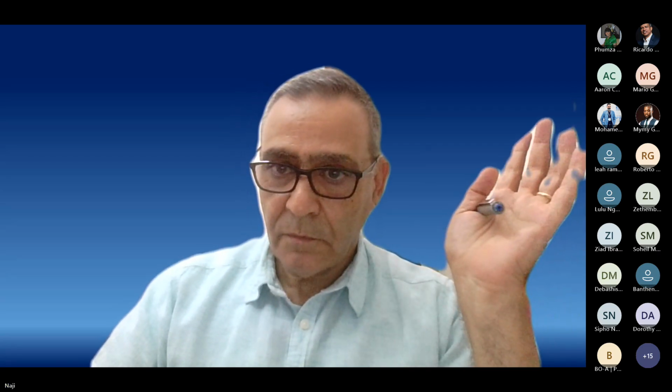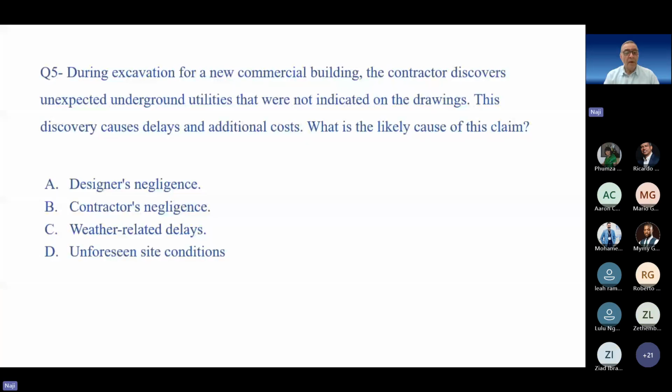Yeah, we have to do it. It's not only to understand the definition, we have to memorize some of them. For example, if you know the definition of unforeseen site condition, you would get it right. So it is not a weather-related delay. It is unforeseen site conditions. And there's a definition, okay, for each one of these.